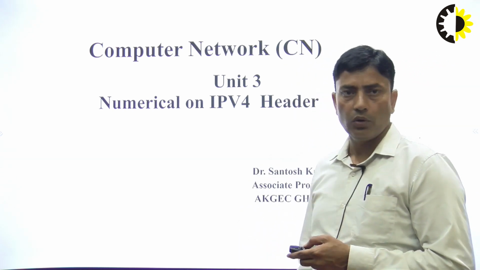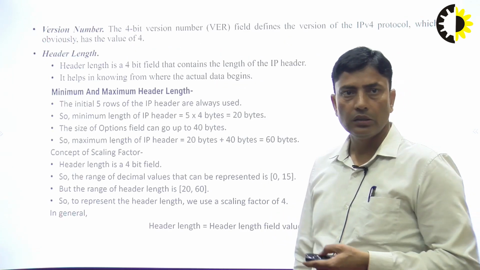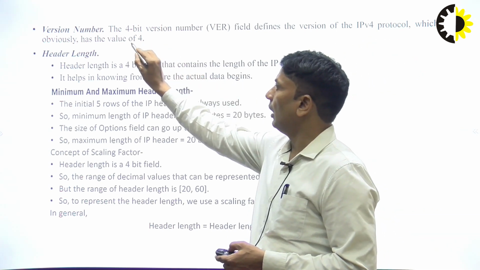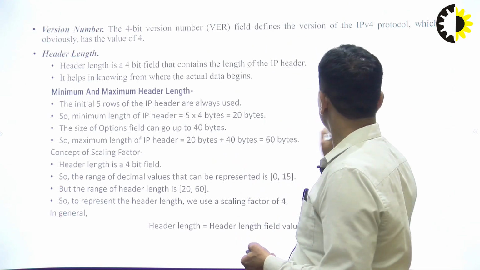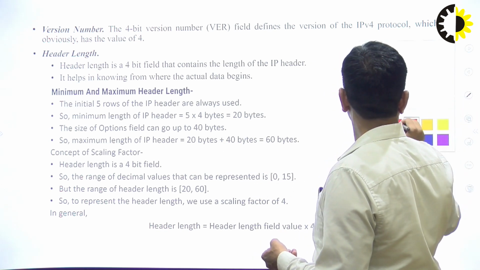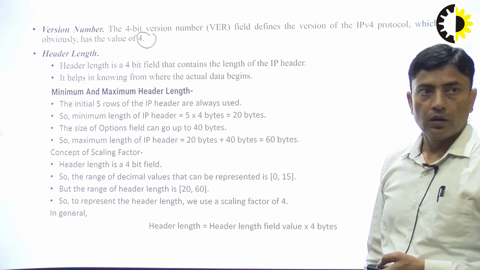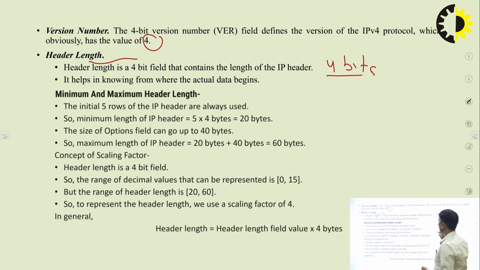Let us see at a glance all those particular fields. The first field was the version, and in the IPv4 case that has the value 4. Then the header length, which is of 4 bits.